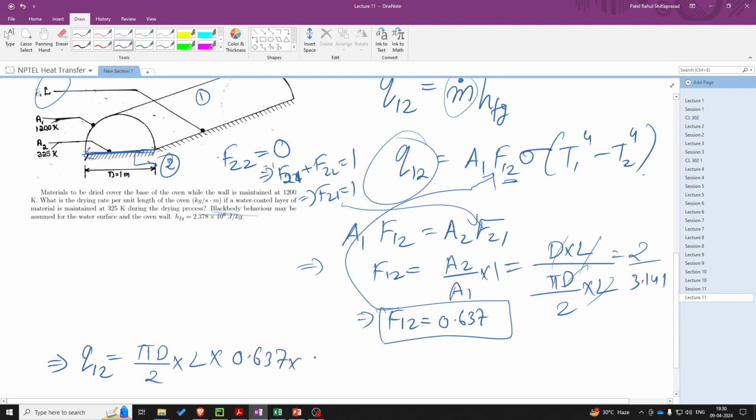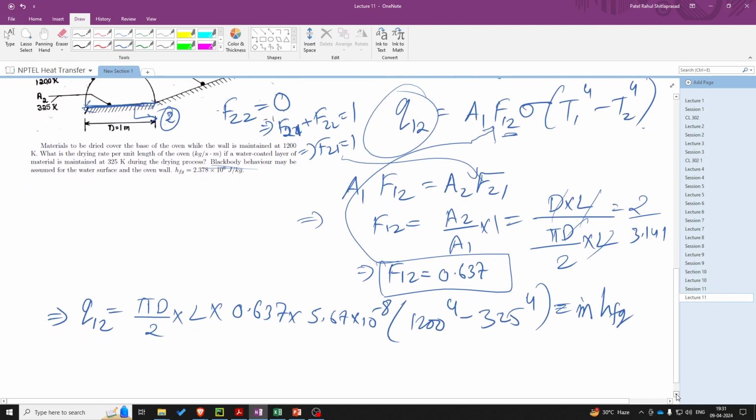The value of sigma is 5.67 into 10 raised to minus 8. T1 is given as 1200 Kelvin, 1200 raised to 4 minus T2, which is given as 325 Kelvin. And this will ultimately be equal to the heat rate due to which evaporation is occurring, that is basically m dot into HFG.